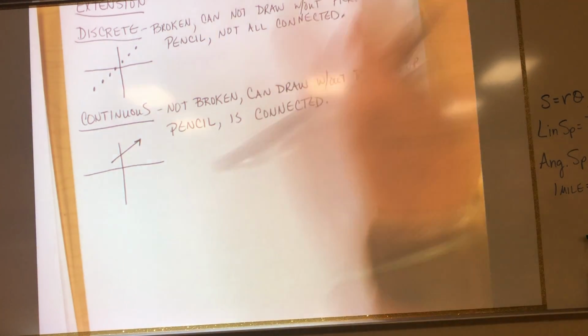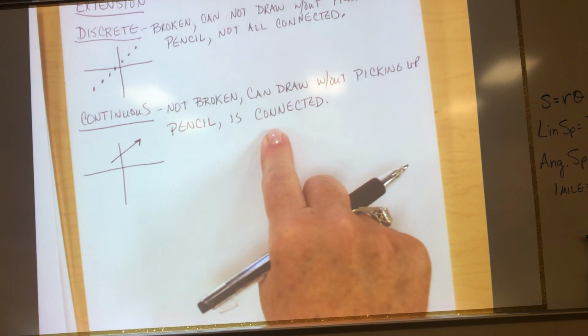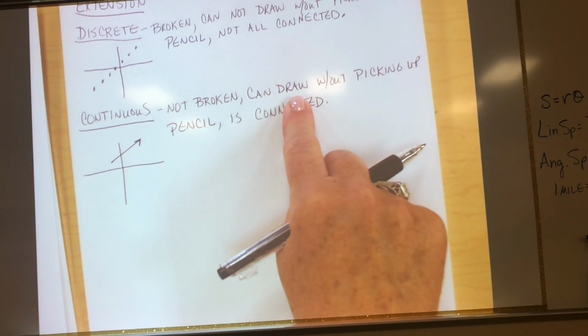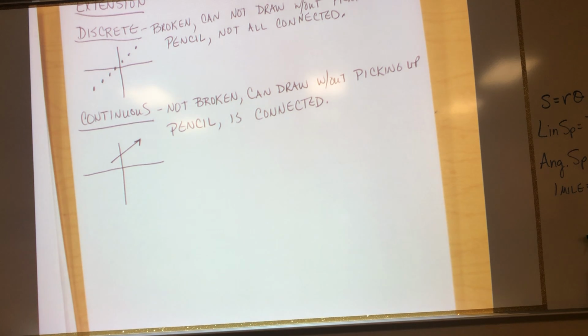All right, so not connected, connected. Have to pick my pencil up, don't pick my pencil up. Okay? So, what about the number of stamps that I buy at the post office? Do you think that would be continuous or discrete?